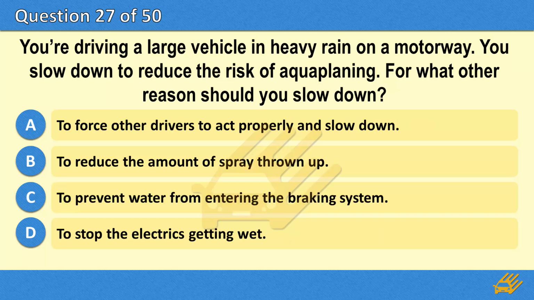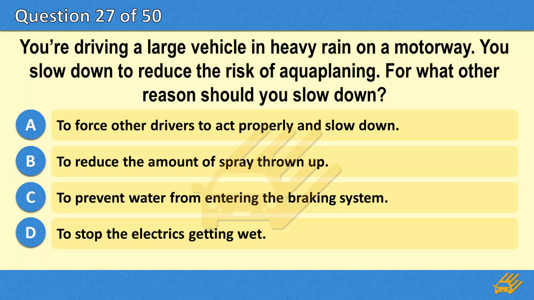You're driving a large vehicle in heavy rain on a motorway. You slow down to reduce the risk of aquaplaning. For what other reason should you slow down? A. To force other drivers to act properly and slow down. B. To reduce the amount of spray thrown up. C. To prevent water from entering the braking system.